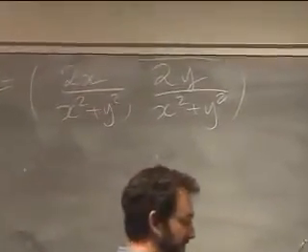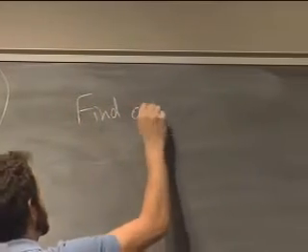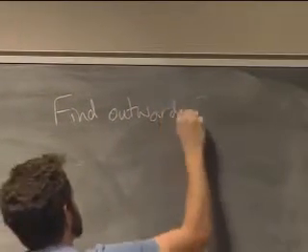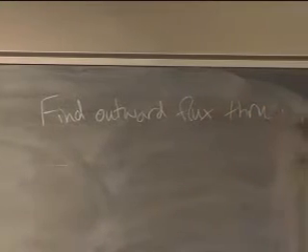Okay, so anyway, f of x,y is this. That's given, and you might notice it's pretty similar to one of a previous example. The question is to find the outward flux through three parts.